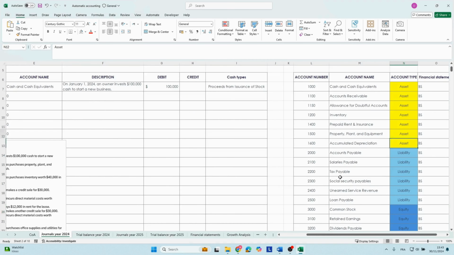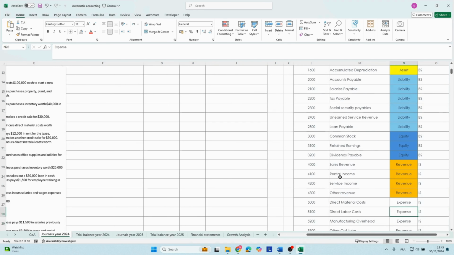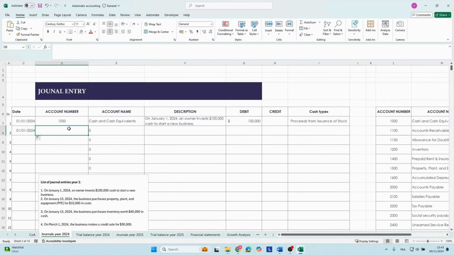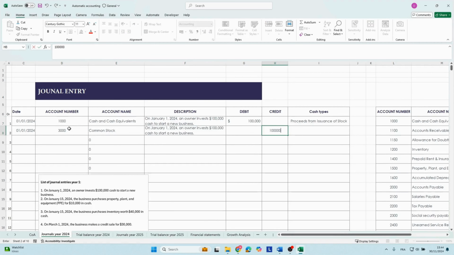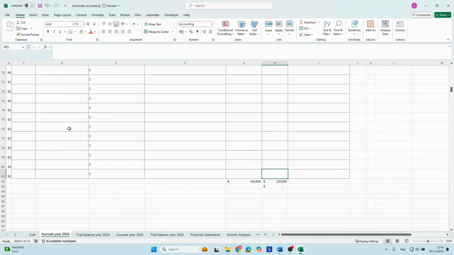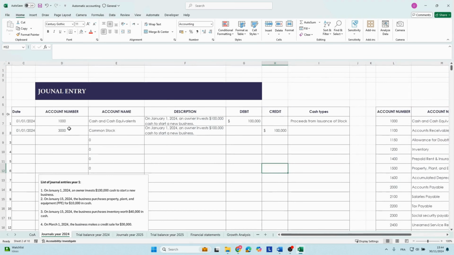We have assets, liabilities, then equity. So for equity, we use the account common stock. That means our capital for the company is 100,000. So we use account 3,000, which is common stock, and we put the value of 100,000. We go down, we see our debit equals our credit. So that was the first transaction for this first year.